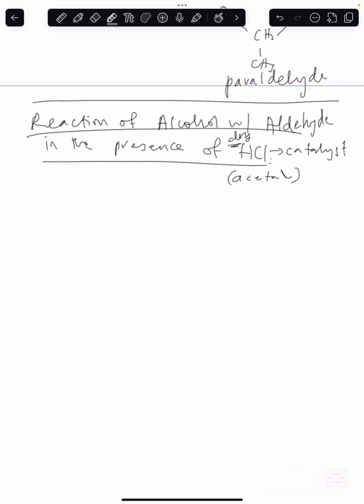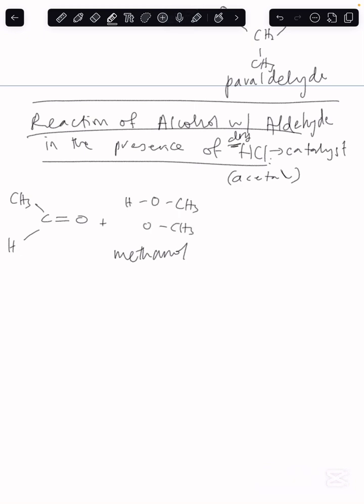So what we do is we take 1 mole of acetaldehyde and react it with, let me just rearrange it, acetaldehyde, and then we have methanol, 2 moles of methanol or ethanol, we can use whatever. So what we do is we write the CH3 over here, O over here, and H over here. So this combines with this, and then water will be eliminated in the presence of dry HCl.